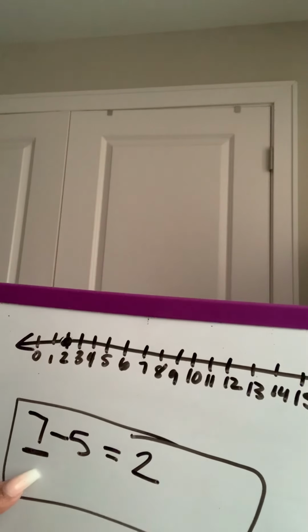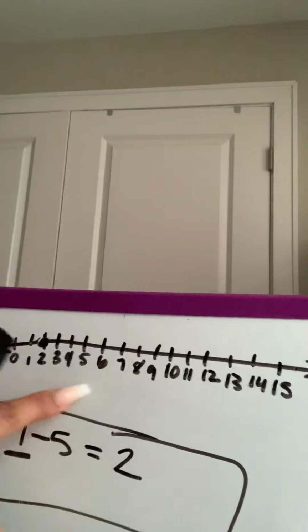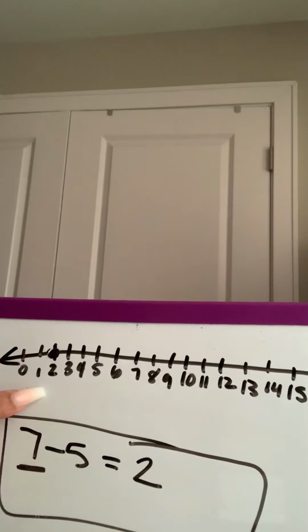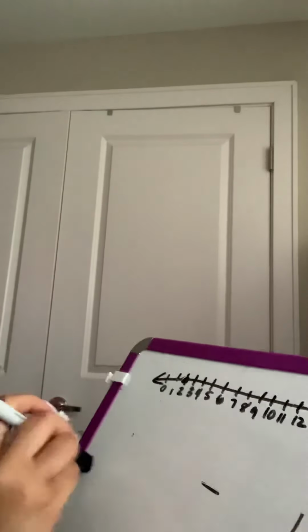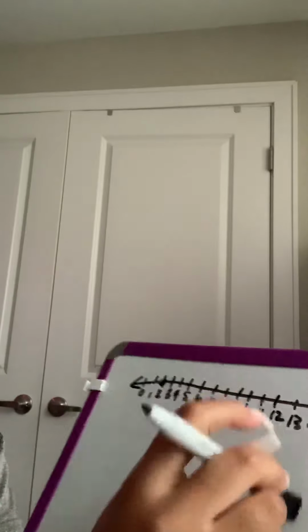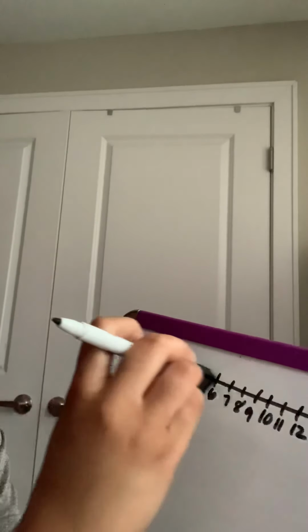So this is called an equation, and you're going to be expected to know how to write an equation and find the answer on the number line. Okay. So that is subtraction. That is addition and subtraction, 2.3. All right. 2.3. That is that.